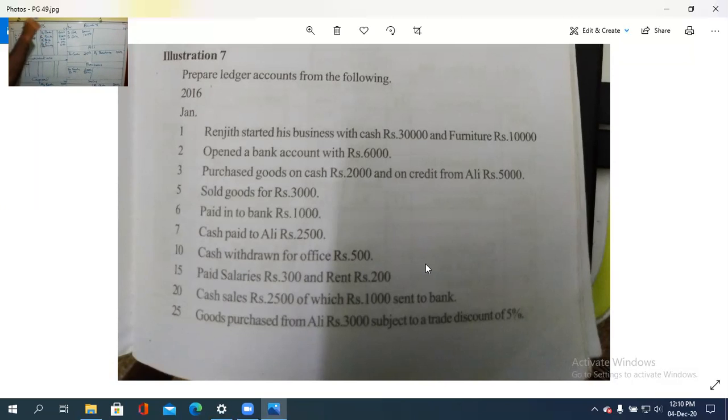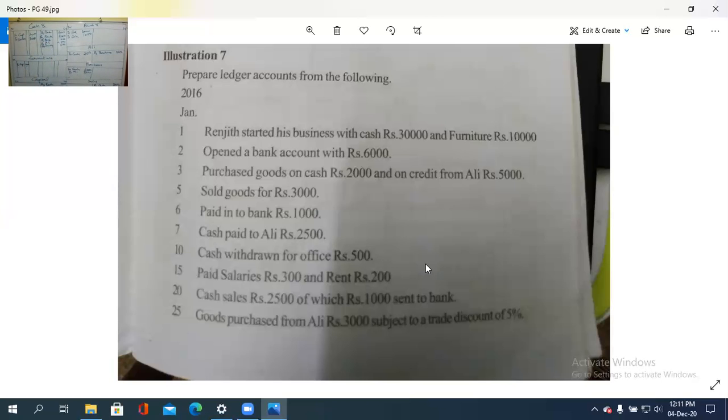Drawings account in the debit side, to cash in the credit side by drawings, like purchase in the debit side. So debit side to cash value, cash in the credit side by drawings.